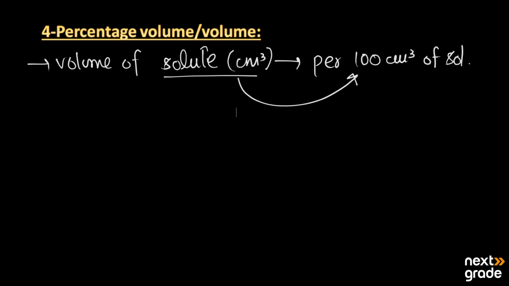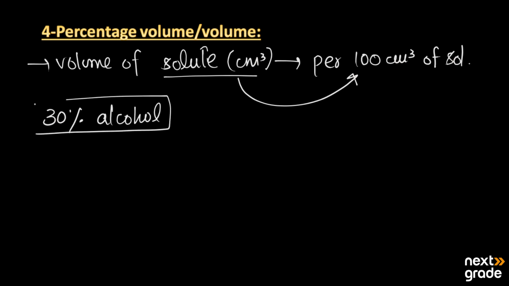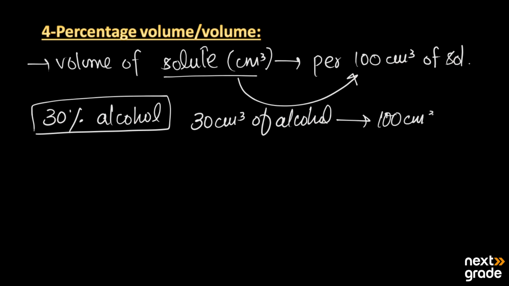For example, if we have a solution that is 30% alcohol, what does this mean? It means that we have dissolved 30 centimeter cube of alcohol in sufficient water to make the total volume of the solution 100 centimeter cube.